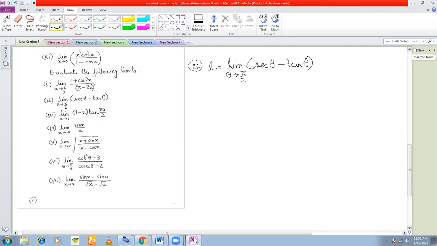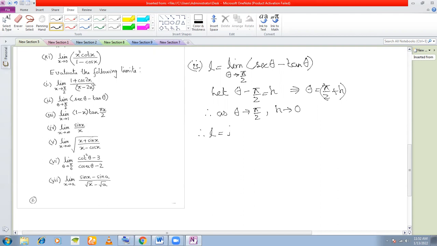As I told you, since theta tends to pi by 2, what you can do is write theta minus pi by 2 is equal to h. That means theta will become pi by 2 plus h. Therefore, as theta is very close to pi by 2, h must be very close to 0.